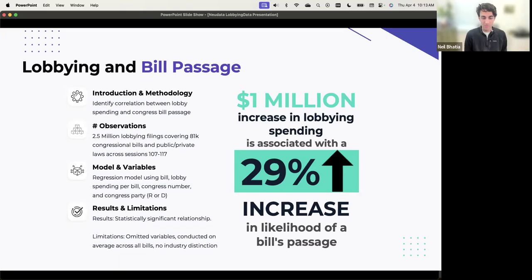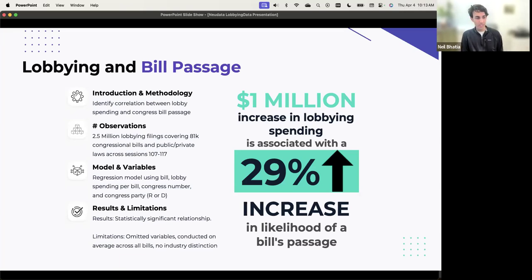So we looked at 2.5 million lobbying reports over 81,000 bills from 1999 to 2022. And it showed a very significant relationship between the two, which is, of course, not surprising. But what is interesting, and this is the big takeaway here, is that they found that the effect was almost equal between a Democrat majority Congress and a Republican majority Congress. So almost an equal relationship between that lobbying spend and odds of a bill passing Congress.